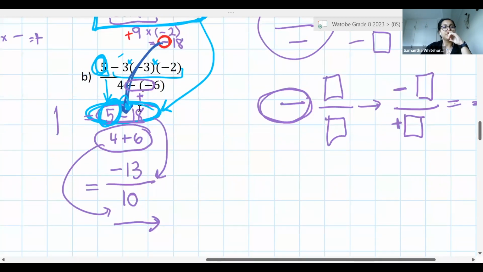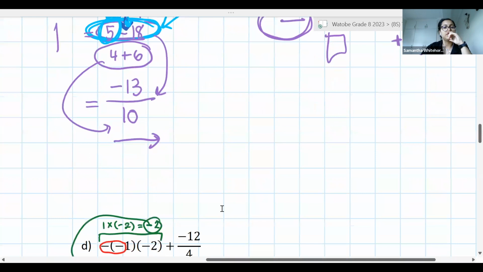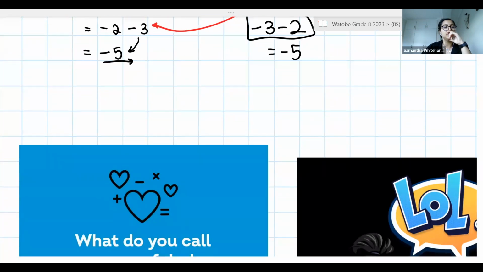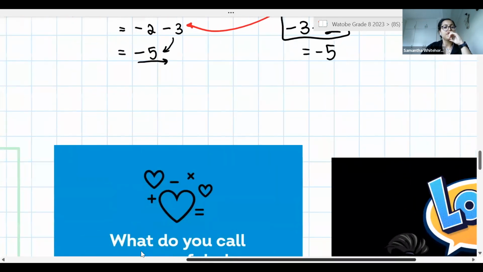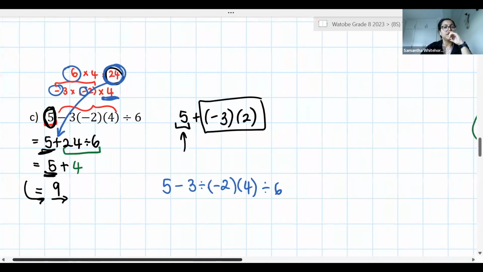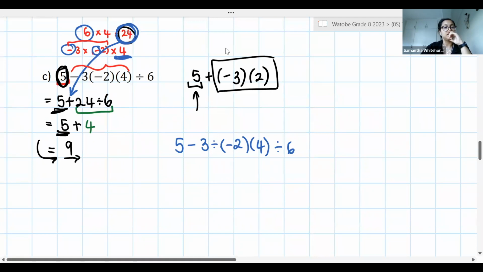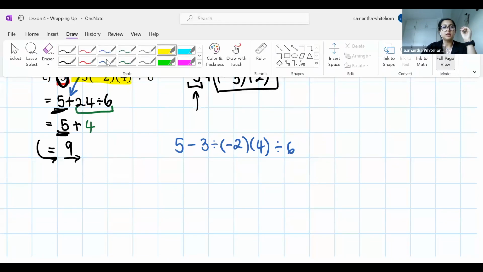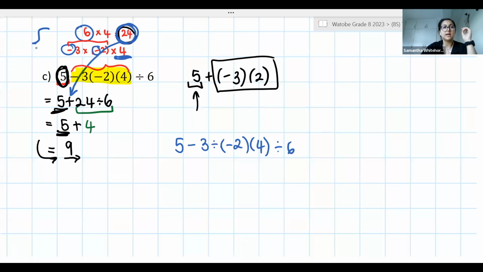Right, very quickly for C, although I am somewhat upset by this, but anyways. I'm explaining C, so listen, otherwise you're losing out. For C, we are multiplying what I've highlighted in yellow. That is the multiplication. We first do the multiplication, which is what is shown here. Negative times negative is positive. 3 times 2 is 6.